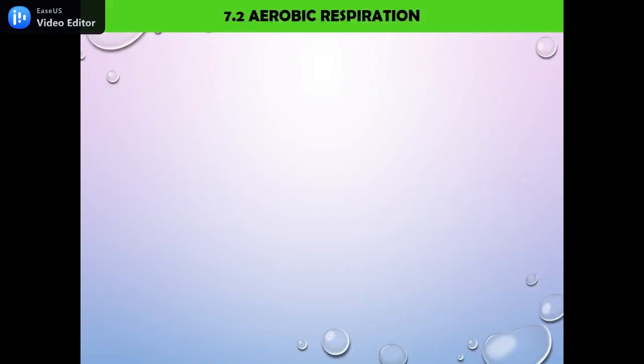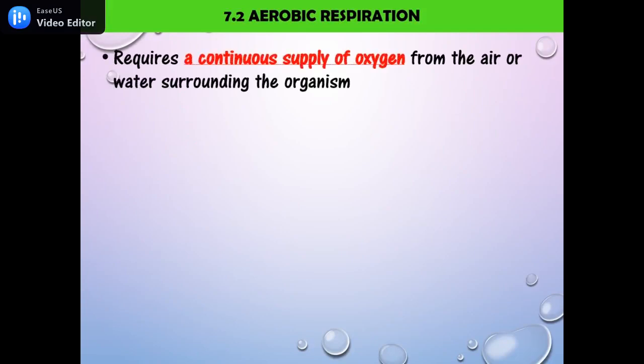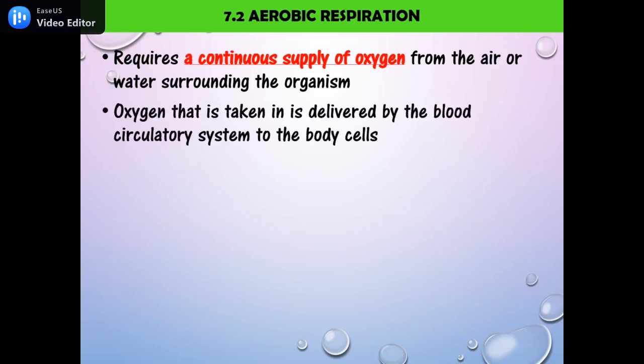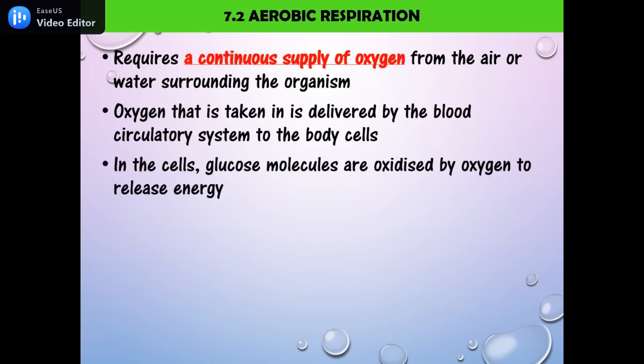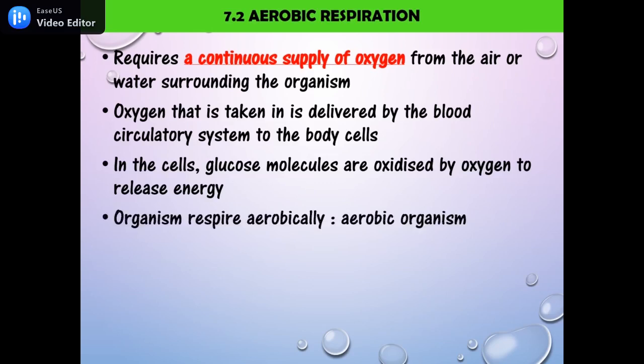7.2 Aerobic respiration requires a continuous supply of oxygen from the air or water surrounding the organism. Oxygen that is taken in is delivered by the blood circulatory system to the body cells. In the cells, glucose molecules are oxidized by oxygen to release energy.